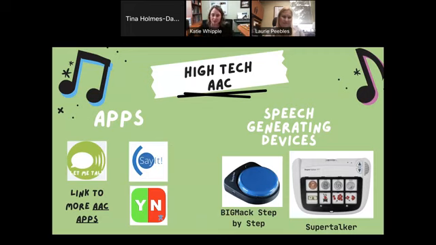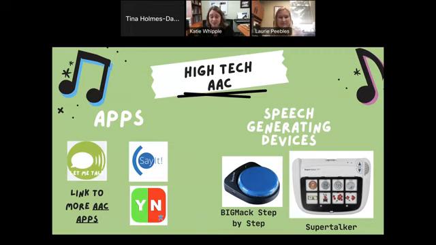Then we also have something called the Super Talker. I'll show you all that in a little bit when we look at some of the adaptive instruments and technology. Again, I have used the Super Talker in multiple ways with sessions. In this particular model, you can have 8 different switches. So you could essentially have 8 different students activating 8 different sounds, or 8 different notes, or 8 different rhythms, or melodic lines.